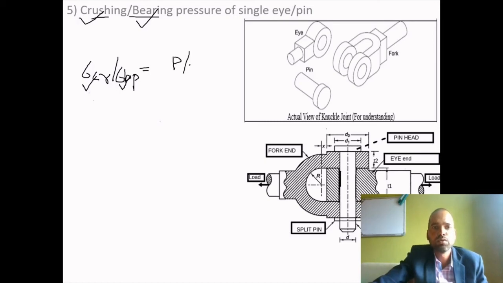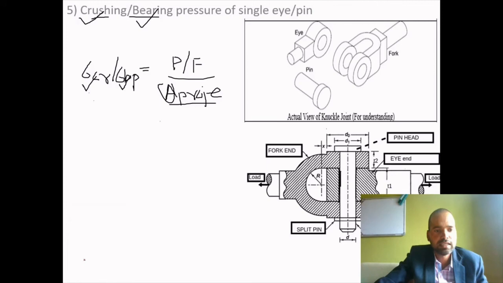So it is equal to applied force divided by, now which area? The area will be the projected area. So remember, crushing and bearing pressure is always applied force divided by projected area, right? So what is the projected area in this case?